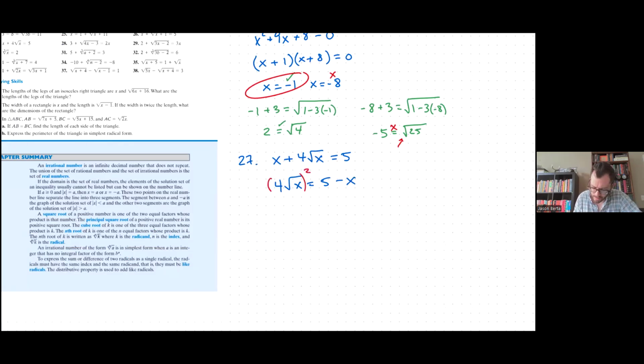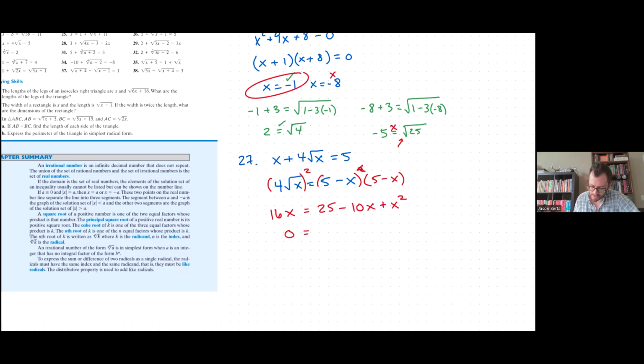Let's see what we get. 4 squared is 16. The square root of x squared is just x. Equals, we get 25 minus, I'm really just doing 5 minus x squared: 25 minus 5x minus another 5x is minus 10x plus x squared. Okay, no fractions. This one actually works out pretty good.